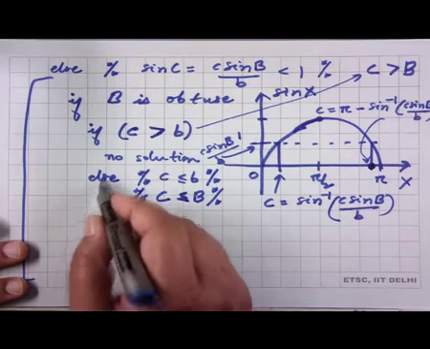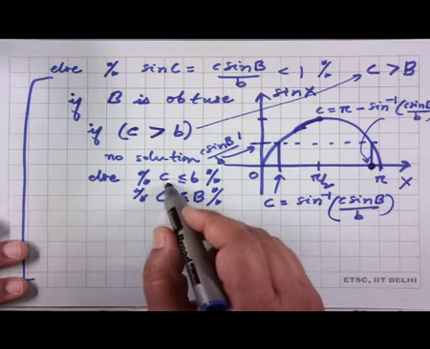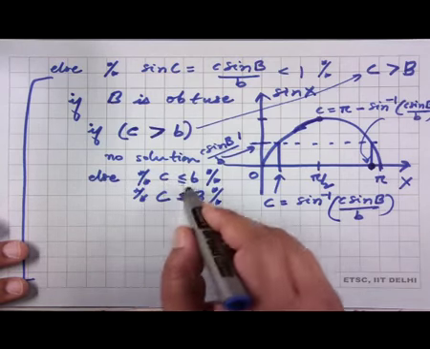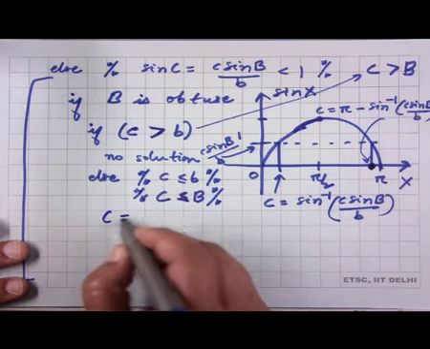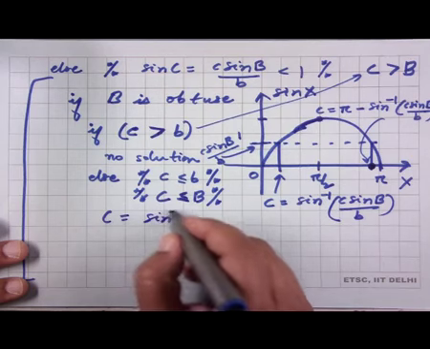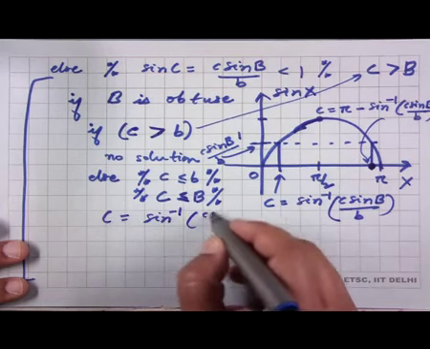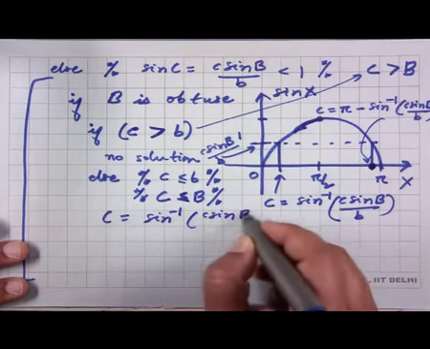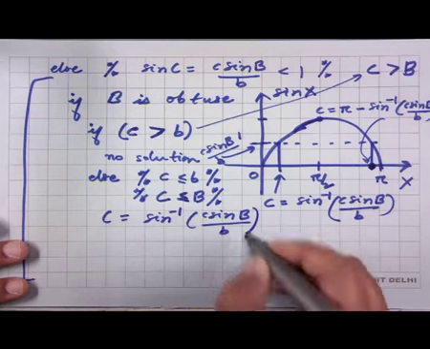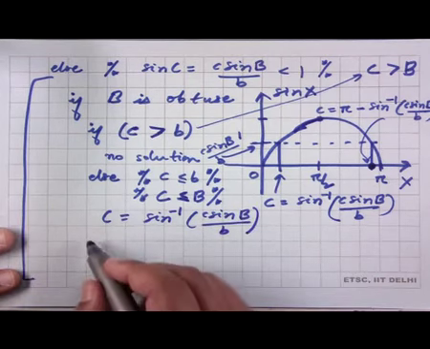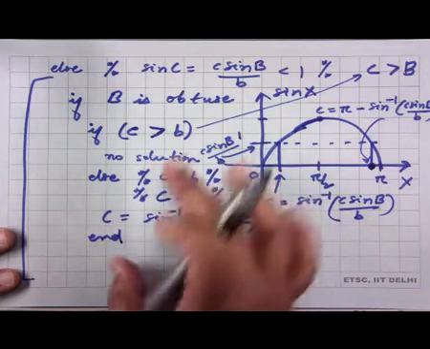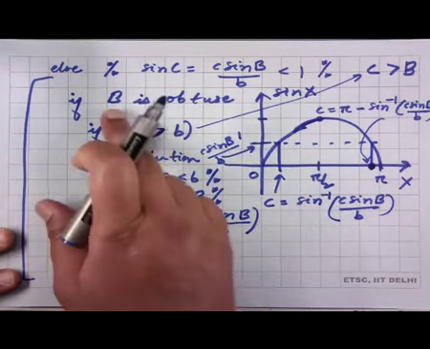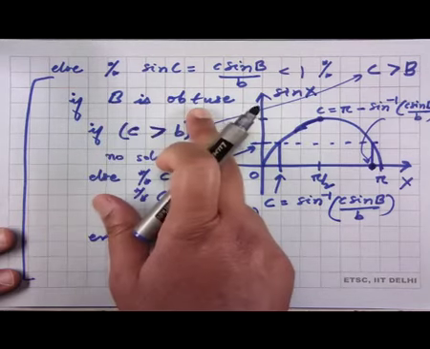So, if the given C is less than or equal to the given value of B, then the angle C is equal to sine inverse of C sin B by B. That ends the case where B is obtuse.